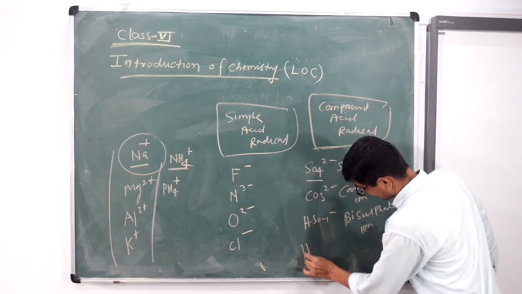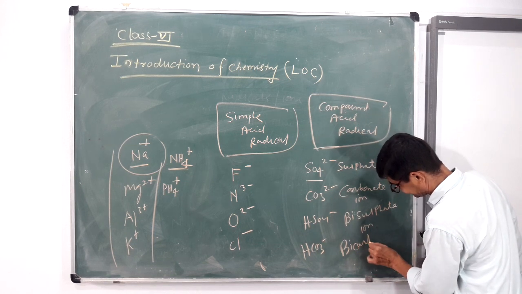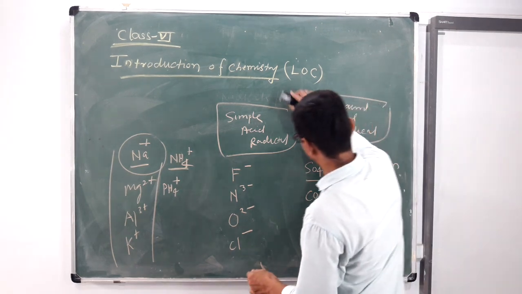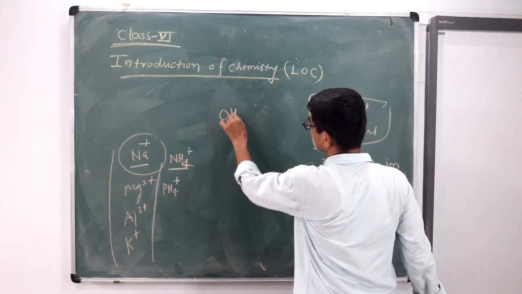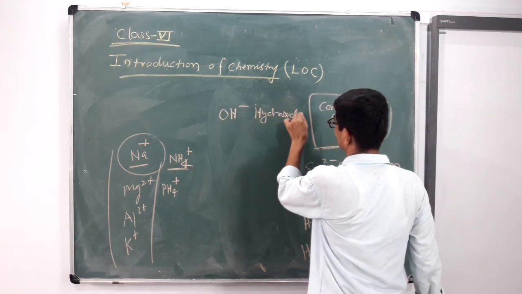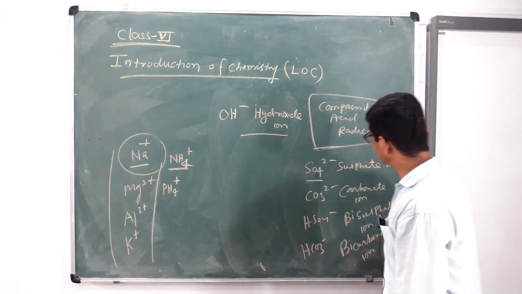HCO3 minus is called bicarbonate ion. OH minus is called hydroxide ion. So these are compound acid radicals.